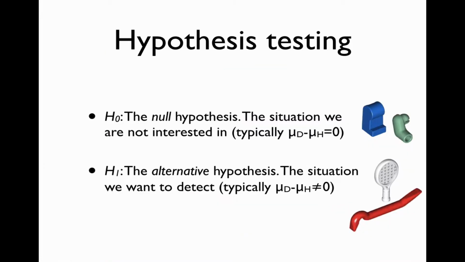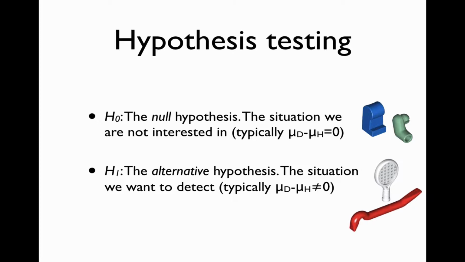A frequently employed vehicle for doing so is to do different types of hypothesis tests. Typically, we design a null hypothesis, and that should be the situation that we're not interested in. This could be that the difference between the population parameters is non-existing, that there's no particular difference in the trait that we're measuring.